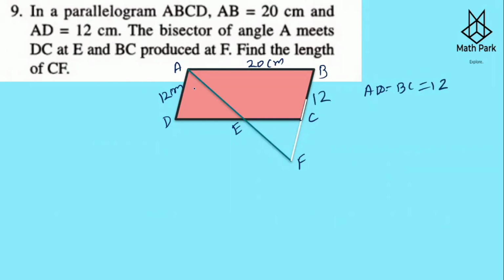We are given that angle A is being bisected. So let us take this as X and this as X. These two angles are equal since they are being bisected, and this X is equal to this X because alternate angles are equal. So we get triangle BAF as an isosceles triangle.